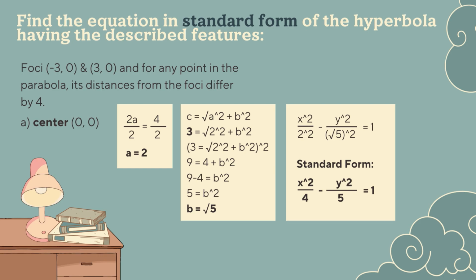Then we square our square root of 5 so that we can find the value for b squared, and our b squared is equal to 5. So we already have here our standard form: x squared over 4 minus y squared over 5 is equal to 1.